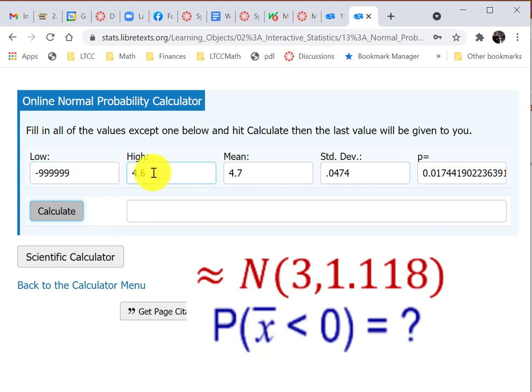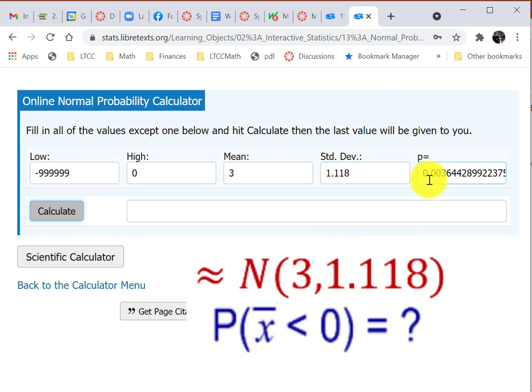The high this time will be 0, because losing money means that you didn't make more than $0. The mean was 3, and the standard deviation was 1.118. And we want the probability, I leave that blank, and I hit calculate.